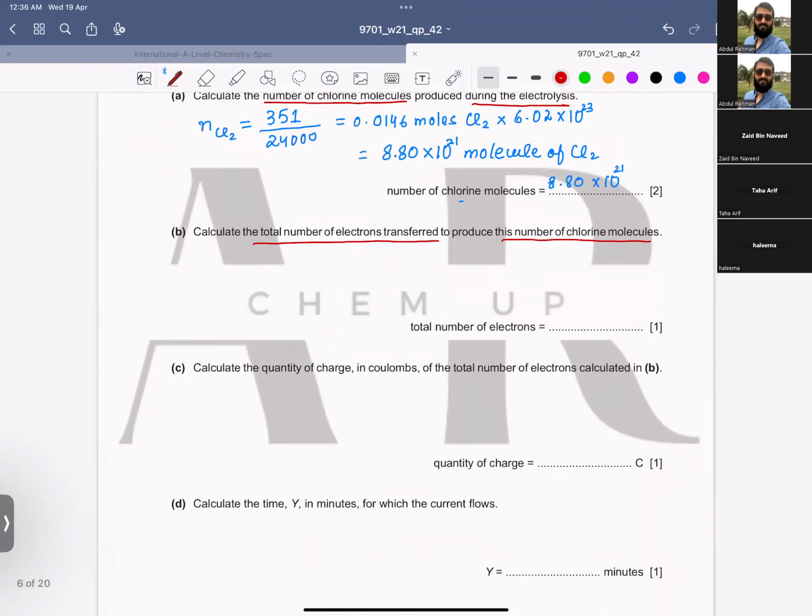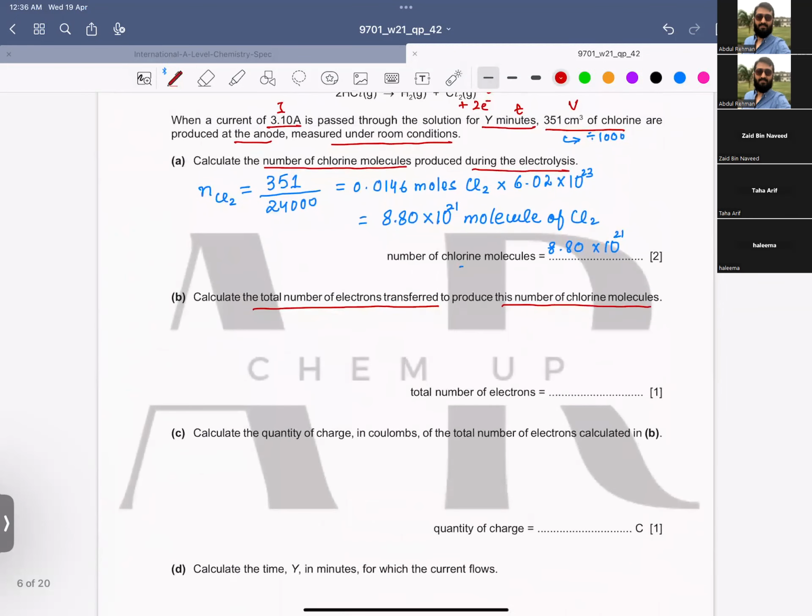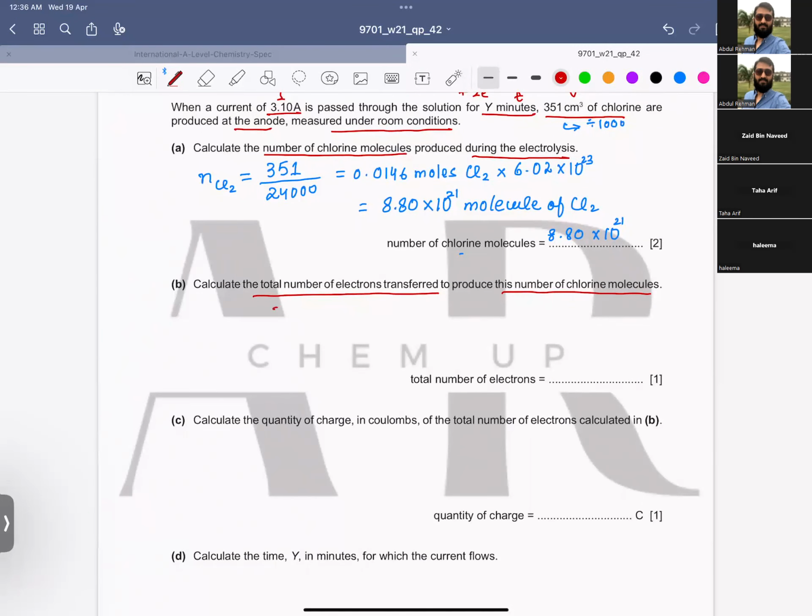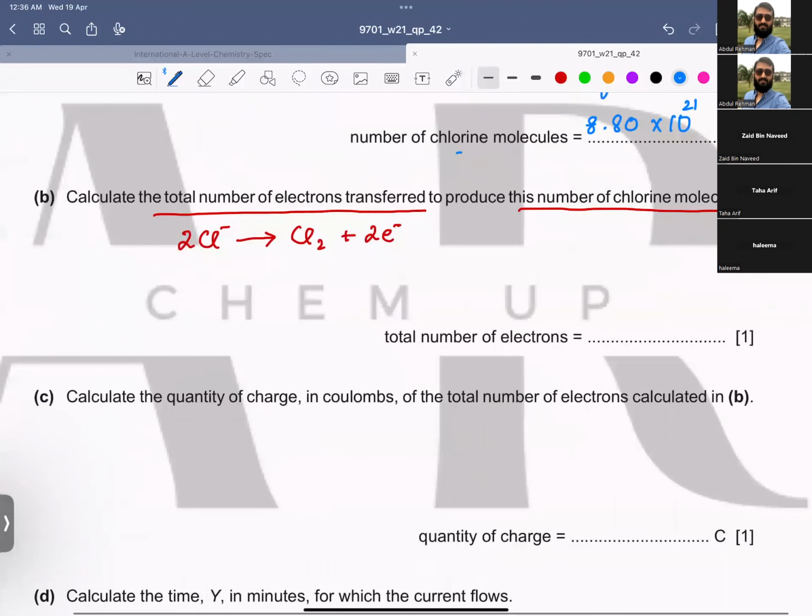If you look at the equation that I have discussed, which represents the reaction taking place at the anode, 2 moles of chloride ions form 1 mole of chlorine and 2 moles of electrons. So the number of electrons used is 2 times 6.02 exponent 23.